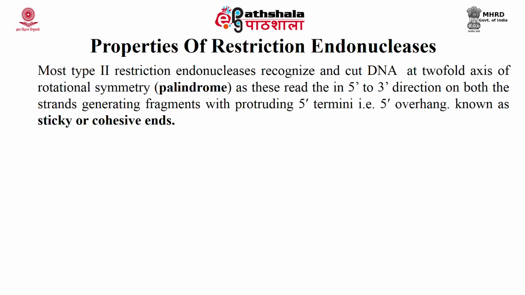Most type 2 restriction endonucleases recognize and cut at the twofold axis of rotational symmetry, that is, palindromes, as these read the same in 5' to 3' direction on both strands, generating fragments with protruding 5' termini, that is the 5' overhang, known as sticky or cohesive ends.